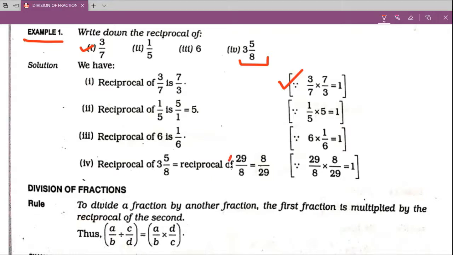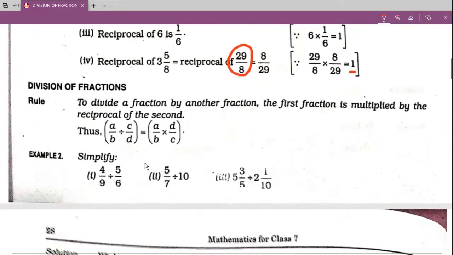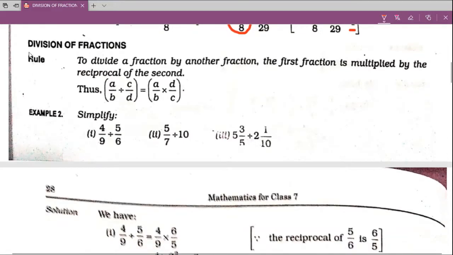So 29 by 8 is the improper fraction, and its reciprocal is 8 by 29. The product of a fraction and its reciprocal is 1. This is the property I said.